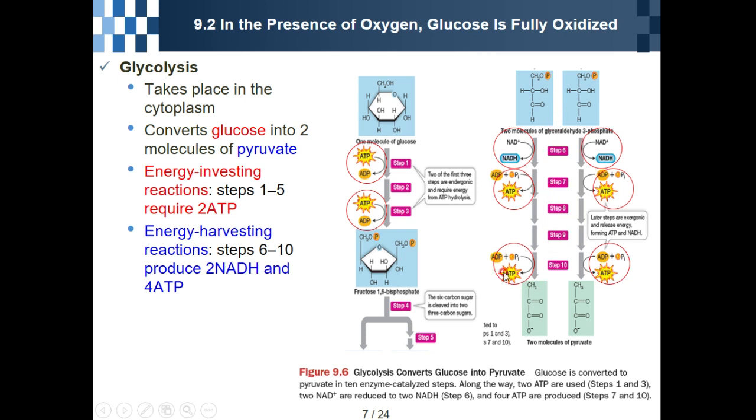Each pathway produces 2 ATP and 2 ATP, so finally they make 4 ATPs. The energy harvesting reaction is composed of steps 6 to 10, and it makes 2 NADH and 4 ATP like this.